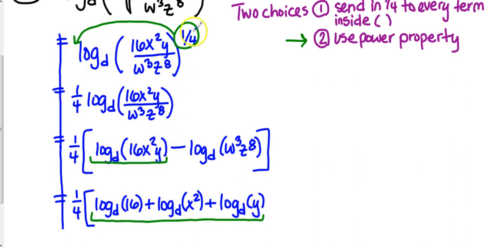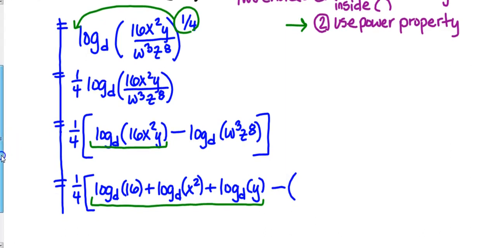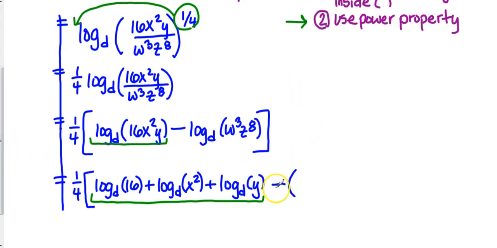this came from this. And now we need to take care of using the product property one more time over here. But remember, when we're subtracting, I'm going to have to use parentheses because we're going to have to send in that negative to whatever we end up expanding right here. So let me switch colors. I'm now expanding this piece right here.